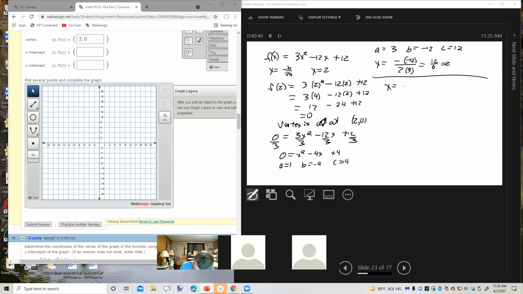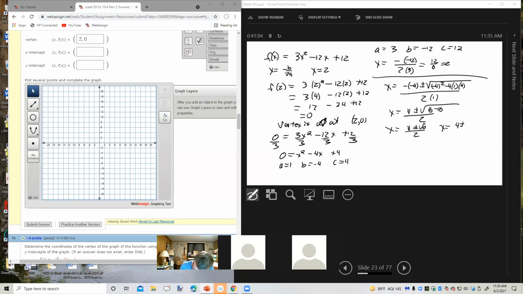X equals negative B plus or minus the square root of B squared minus 4AC, all over 2A. X equals 4 plus or minus the square root of 16 minus 16, over 2. X equals 4 plus or minus the square root of 0, over 2.